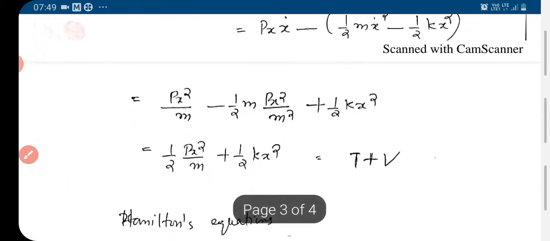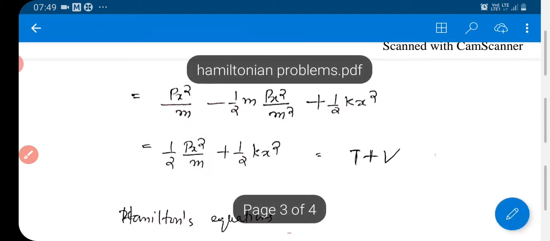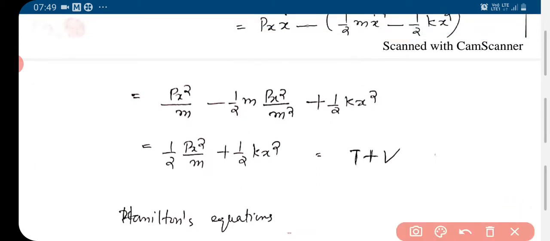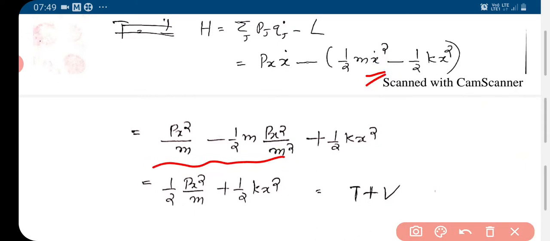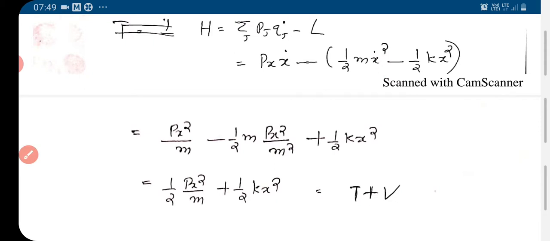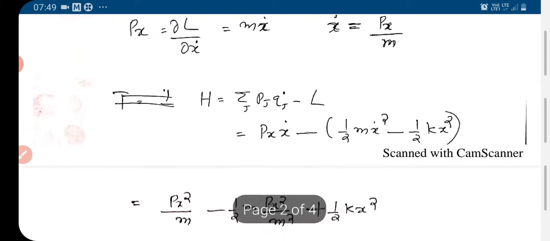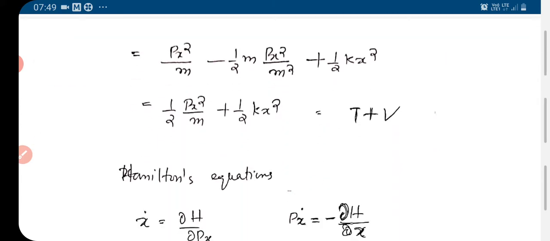So we substitute here, and we have px squared by m, and as it combines with this, we finally get px squared by 2m plus half k x squared, which is T plus V, the total energy of the system. So this is the Hamiltonian, given by the total energy T plus V.